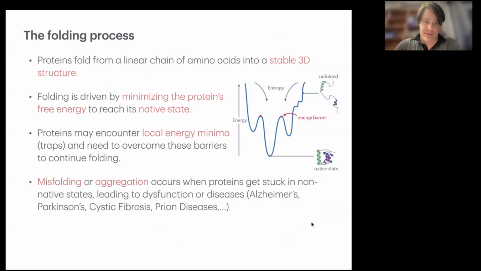And then we have the folding process. Proteins are generated as a linear chain, and then they go into a stable 3D structure. We call this the transition from the unfolded state to the native 3D structure. It has to go through this energy landscape, and of course it wants to minimize its energy to come to the native state.